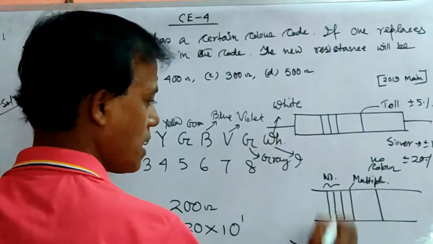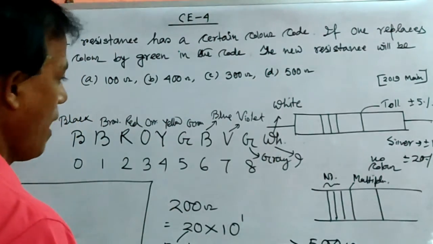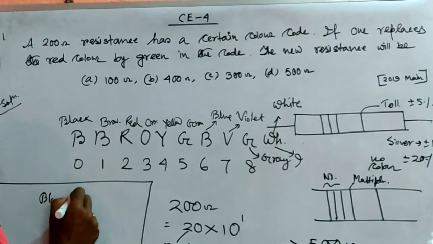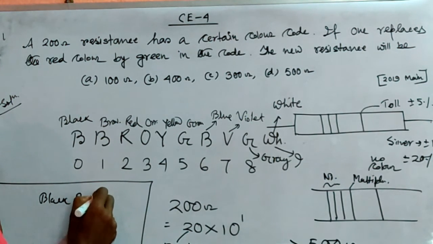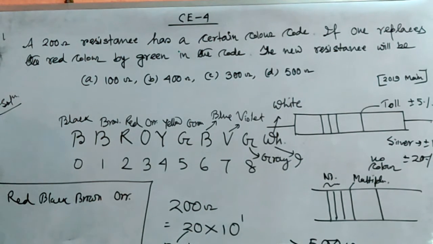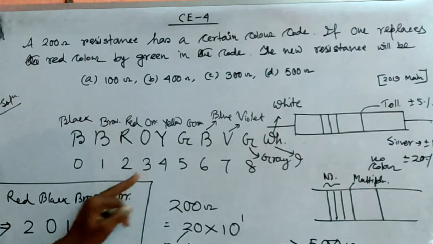Like if there is a resistance having color code red, black, brown, orange, then from that color code, the value of the resistance becomes: red means 2, black means 0, brown means 1, then 10 to the power orange, which means 3.